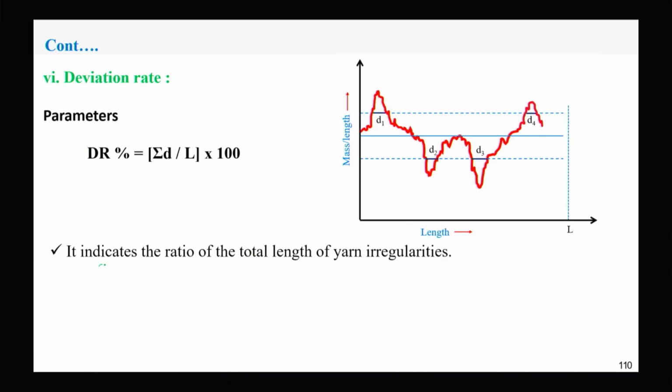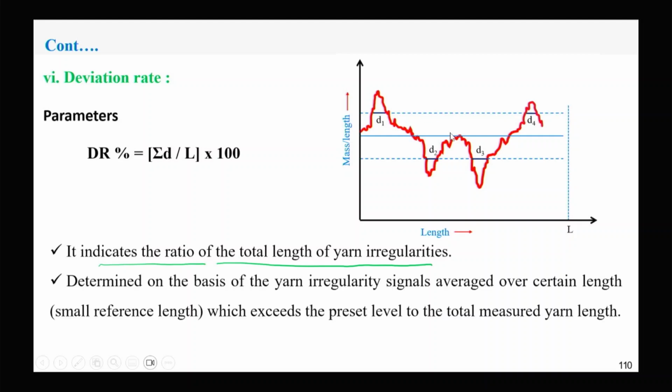So it indicates the ratio of the total length of irregularities, the D1, D2, D3, D4, to the total length.